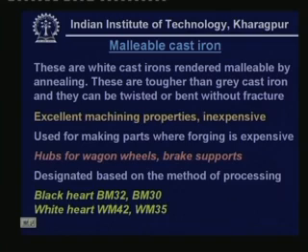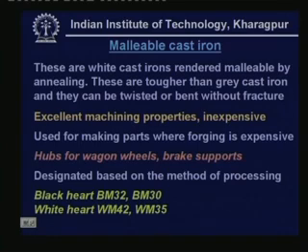If it is made by the black earth method, it is designated BM, where B is black earth, M is malleable, followed by a number for the strength, such as BM32 or BM30. In the other way, if it is white earth malleable cast iron, we designate it as WM42, WM35, and so forth. These are the designations of malleable cast iron.